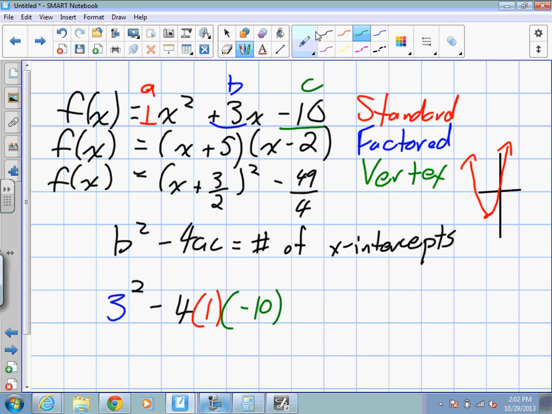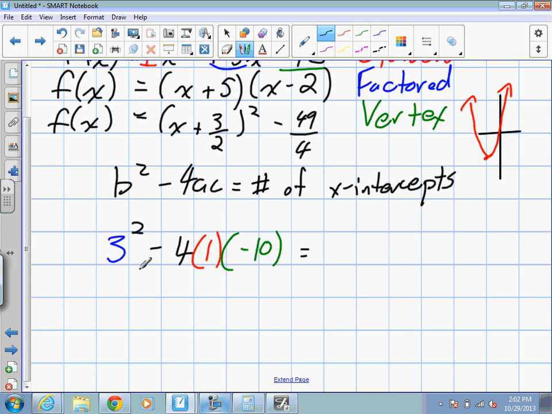According to these forms here, factored and vertex, we should have 2 x-intercepts, so let's figure it out. What's 3 squared? 9. Minus 4 times 1 times -10. Positive or negative? +40. What does it equal? 49, right?